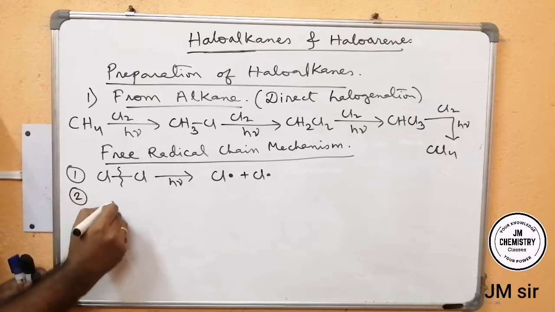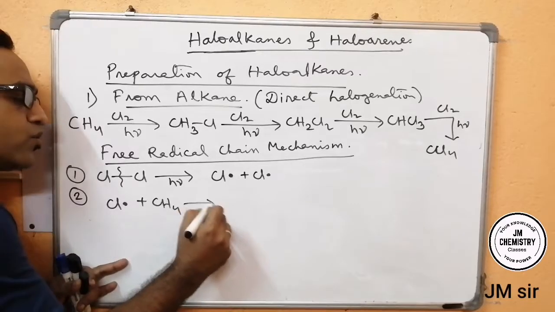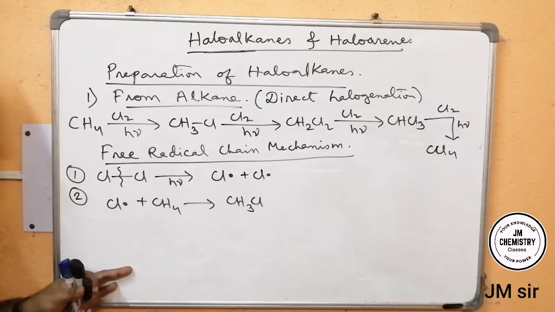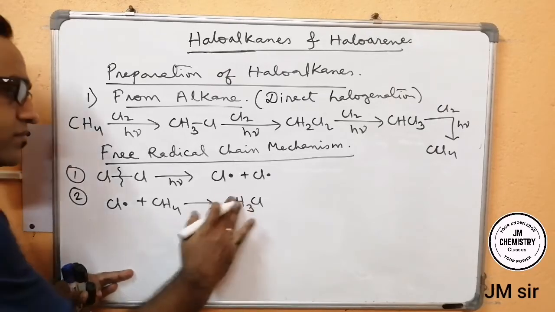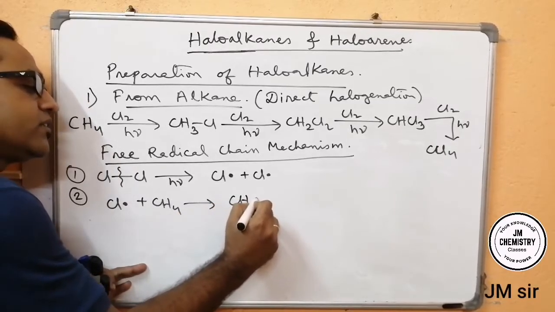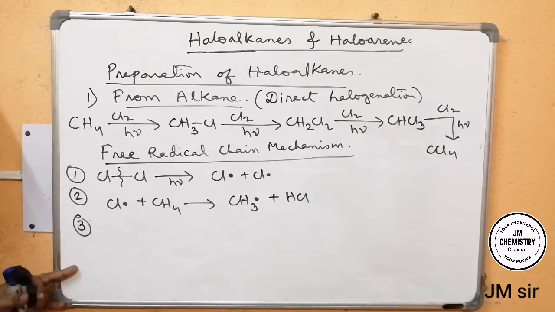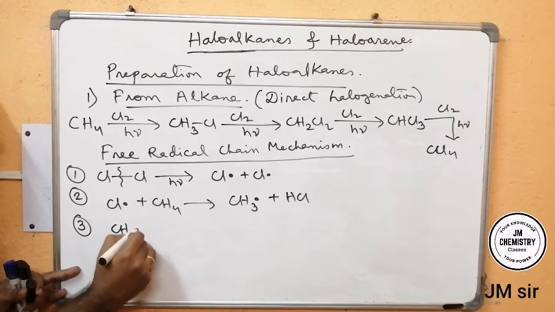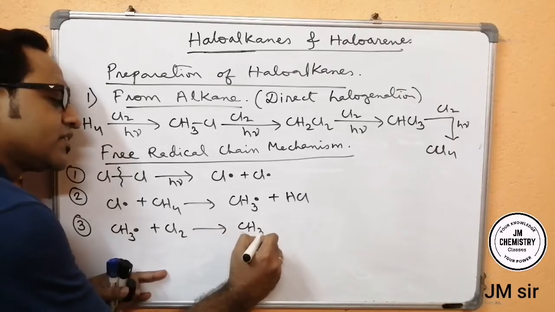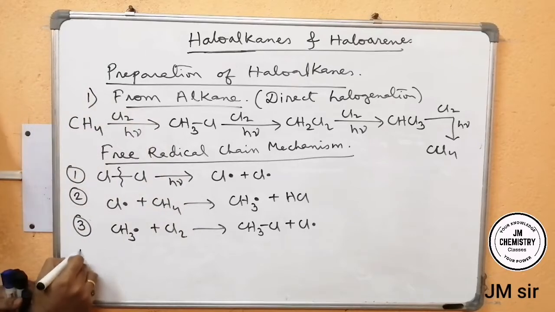The second step, this Cl dot reacts with CH4 to form CH3 dot plus HCl. In the third step, this CH3 dot reacts with Cl2 to form CH3Cl plus Cl dot.